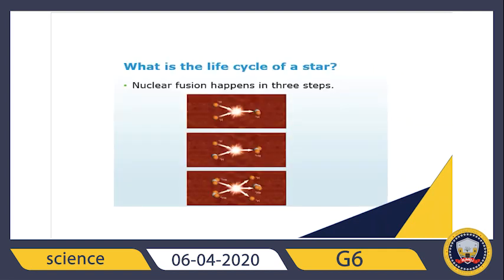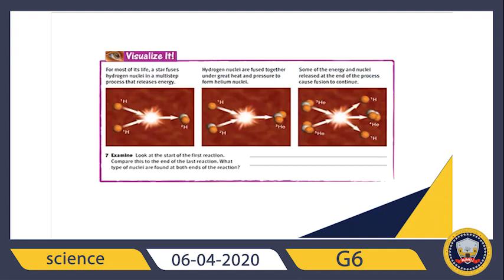So guys, again, this diagram summarizes the 3 steps of nuclear fusion that result in the production of the energy that stars emit. The energy produced by the stars actually comes from a process called nuclear fusion.